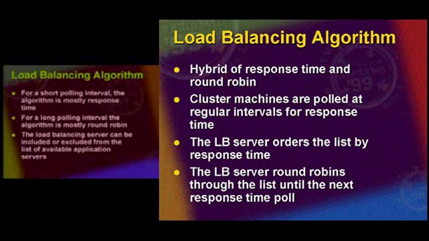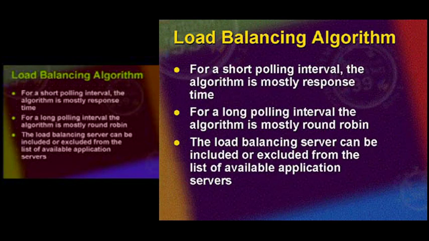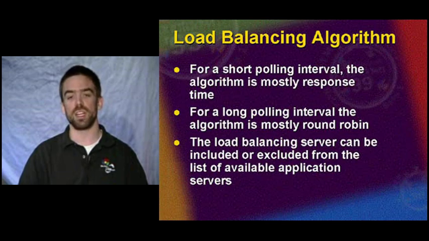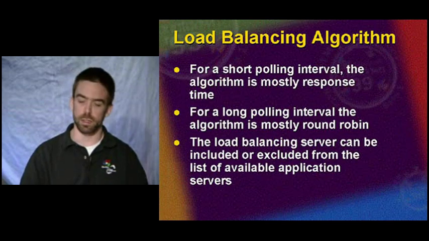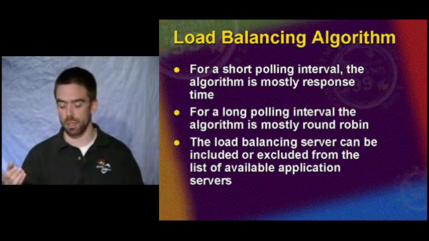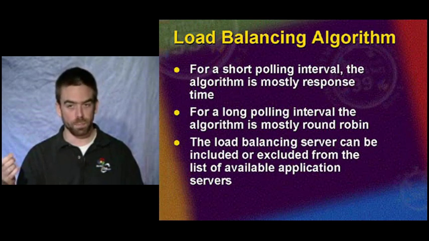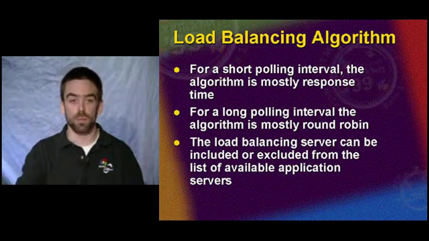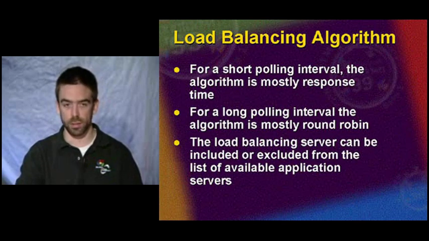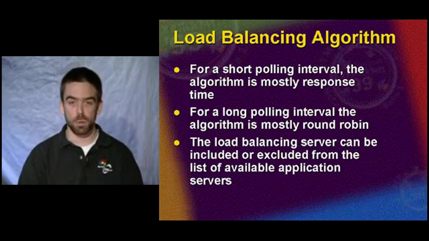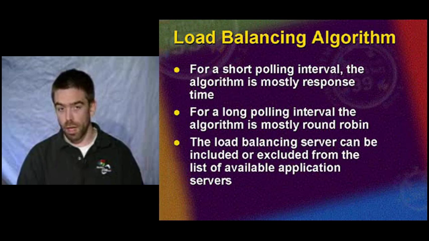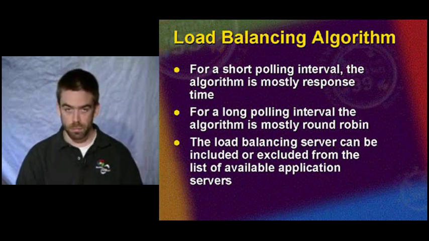So for a very short polling interval, the algorithm is basically response time. The round robin doesn't really have a chance to kick in. The polling interval is very short, and probably the load balancer will only get to the first one or two entries in this list, and you basically have a pure response time algorithm as I defined it. On the other hand, for a very long polling interval, you basically have round robin.